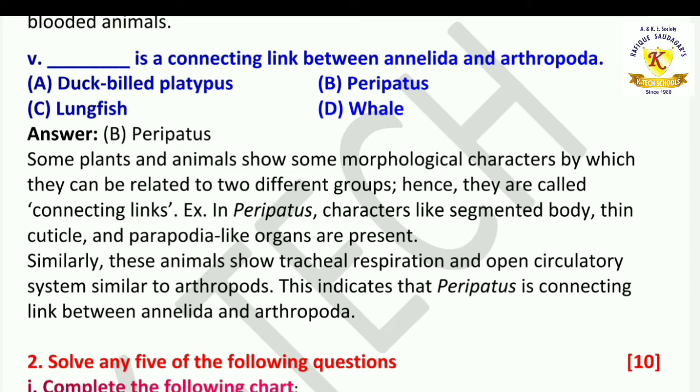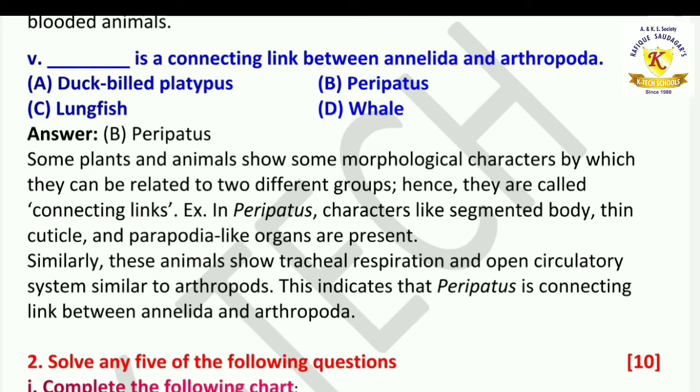Some plants and animals show some morphological characters by which they can be related to two different groups. Hence, they are called connecting links. For example, in peripatus, characters like segmented body, thin cuticle, and parapodia-like organs are present.